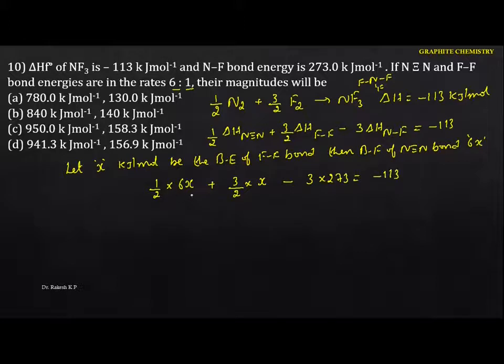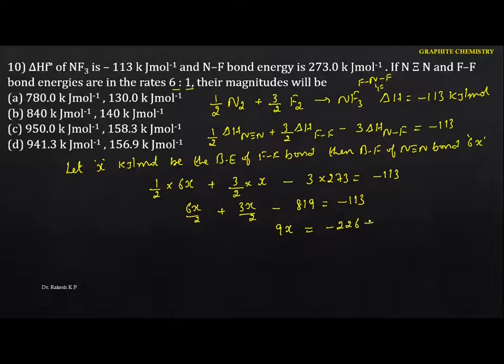So now you just go to this one here. Let me take this value here. That is 6x/2 plus 3x/2 minus 819, which is equal to minus 113. Suppose you want to simplify this one, let me write this here. This is 9x, which is equal to, the 2 will be multiplied to this one, that becomes minus 226.